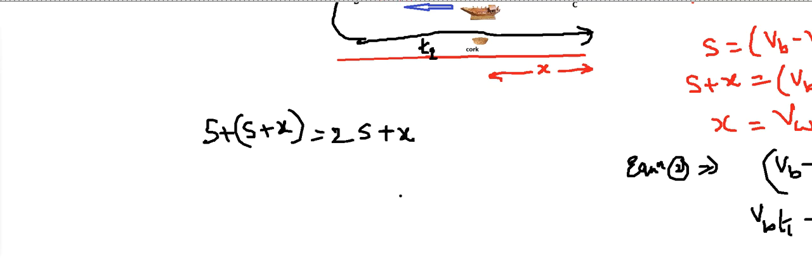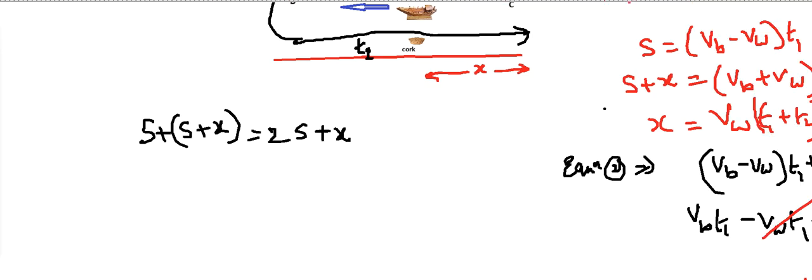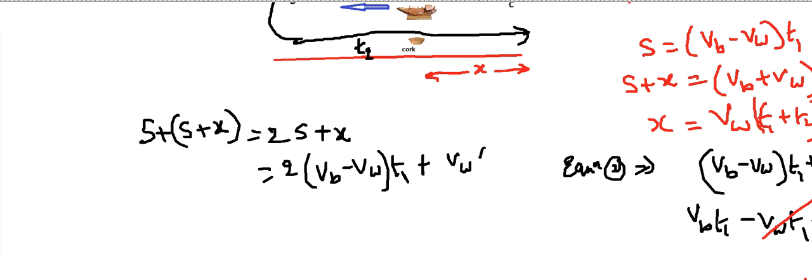Now again substitute the values of S and X into this equation. Already we have S equal to (Vb minus Vw) into T1, and X equal to Vw into (T1 plus T2), equations 1 and 3.